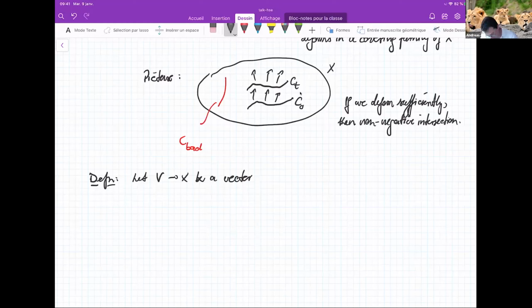In order to make my definition, I will consider the projectivization of this vector bundle. I will always projectivize in the sense of Grothendieck, so I look at hyperplanes.